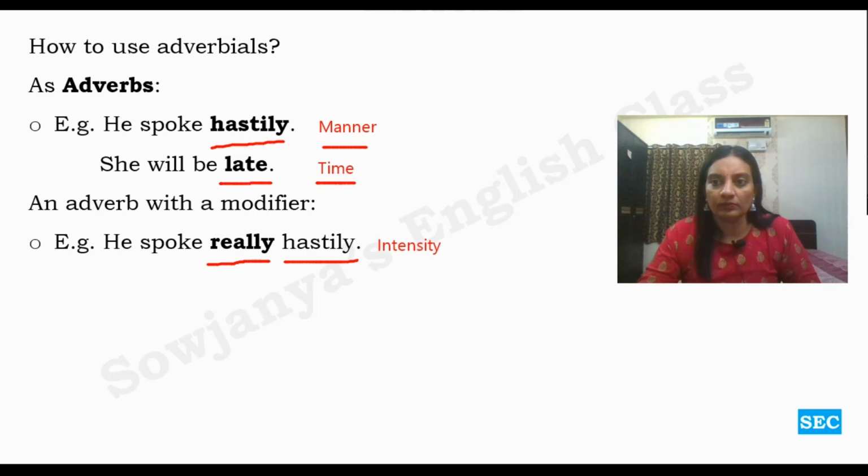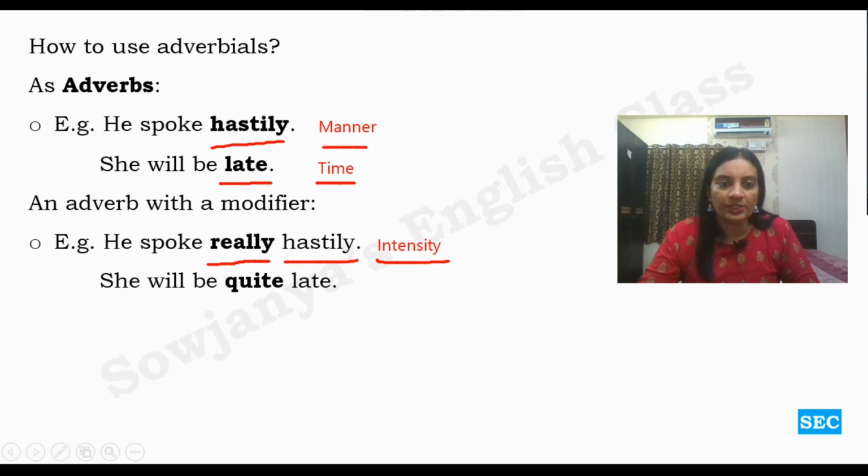Really hastily. So it is intensifying over here by adding to this adverb. Adverb with a modifier. So really is acting as a modifier to this adverb hastily. It is intensifying the meaning.